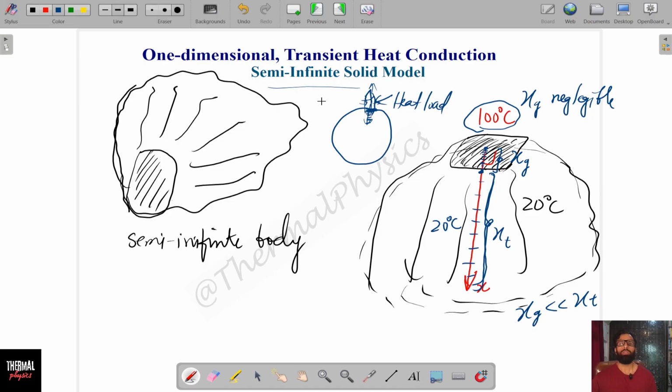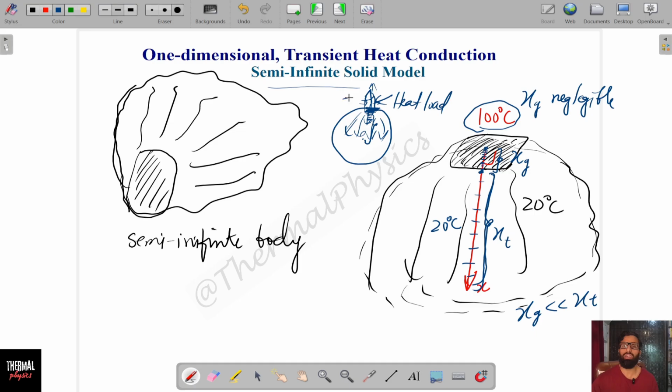So what we can do is see that this Earth has an exposed surface, and the rest extends to infinity, so it is a semi-infinite solid. We are interested in the temperature distribution in this small thickness, and for most of the rest of the thickness, the temperature will not change. It will not be influenced by the temperature here.